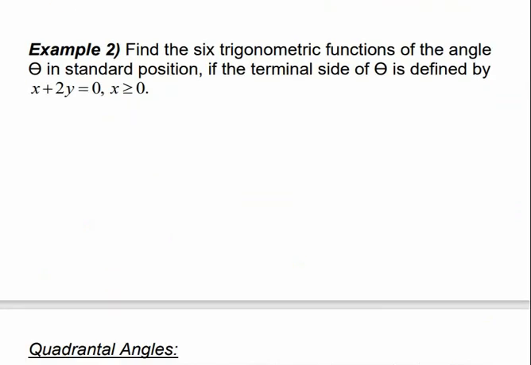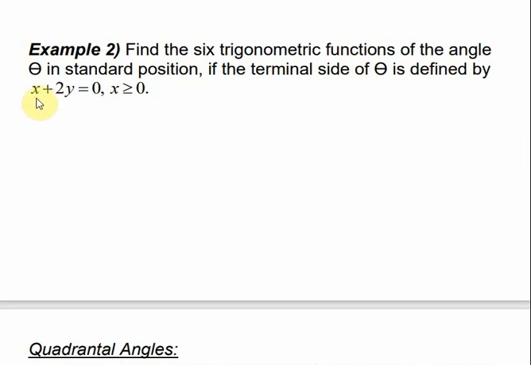All right, find the 6 trigonometric functions of an angle theta in standard position if the terminal side of theta is defined by x plus 2y equals 0 when x is greater than or equal to 0. So this is giving us just a little statement about the trig function.